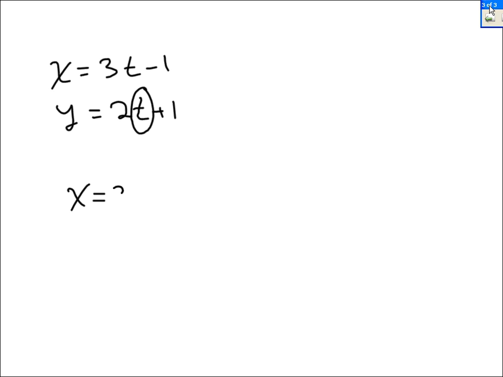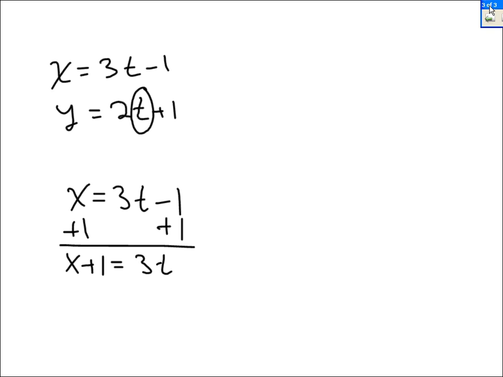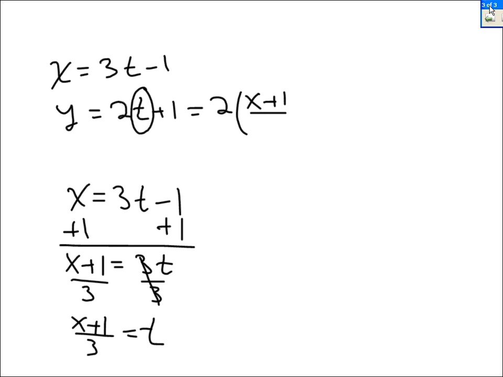X is equal to 3t minus 1, and I solve for t. I add 1 to both sides. So again, x plus 1 is 3t. And I divide by 3. And there's t: x plus 1 over 3 is a new way of writing t. So I get y equals 2 times x plus 1 over 3, plus 1.